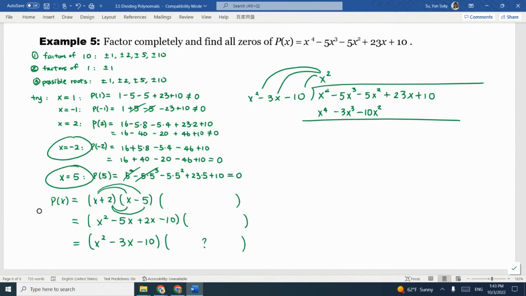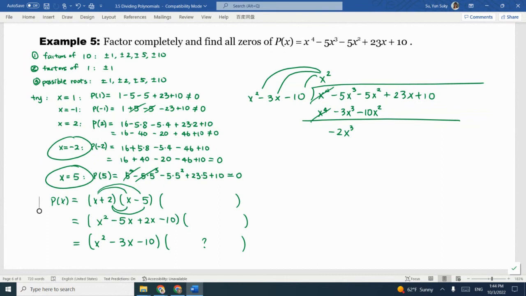Yes? Okay, use the first line to subtract the second line. x to the 4th cancel. Negative 5x cubed minus negative become positive. So negative 5 plus 3 is negative 2x cubed.